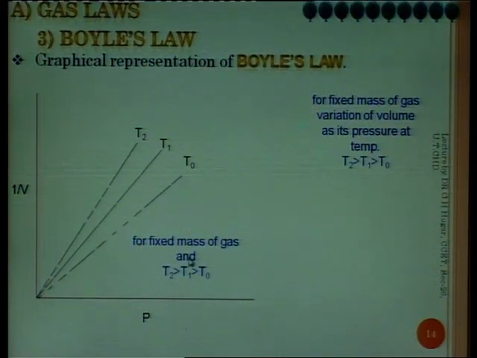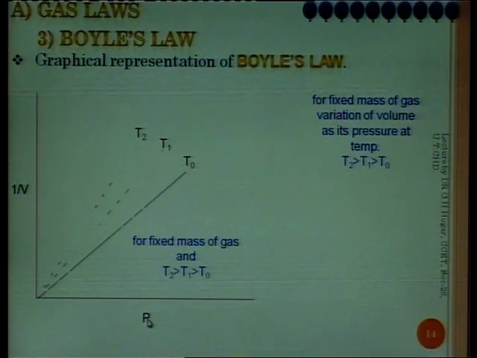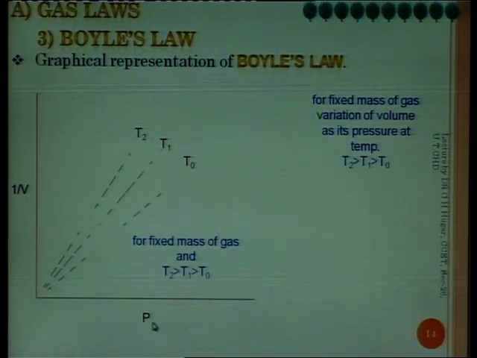Take a fixed mass of the gas, vary its volume and check its pressure. So, plot the graph of reciprocal of volume versus pressure of the gas at constant temperature.